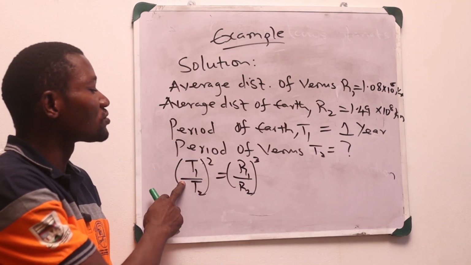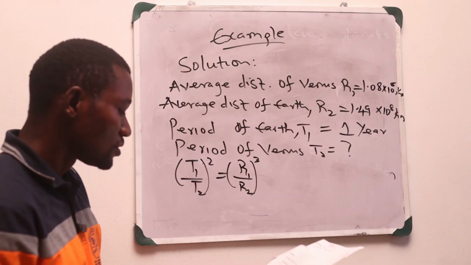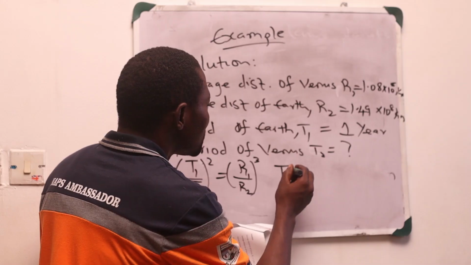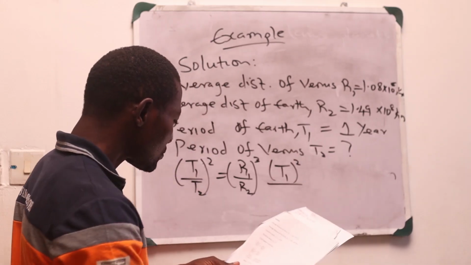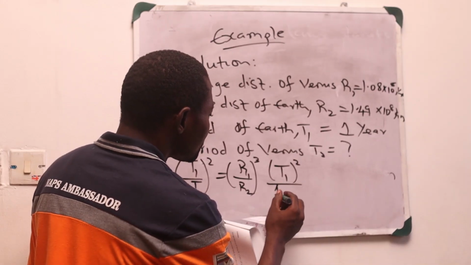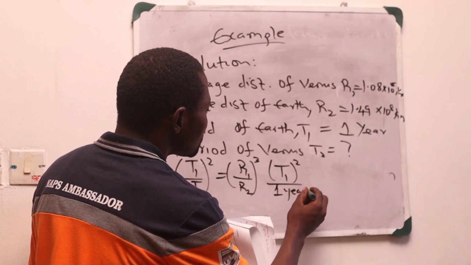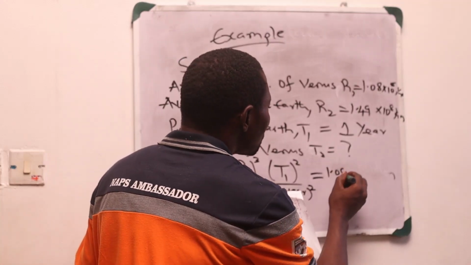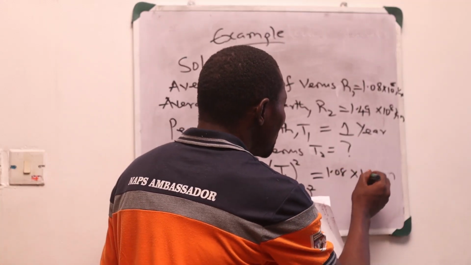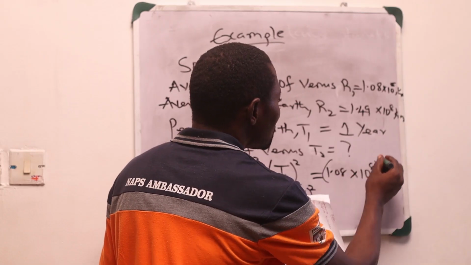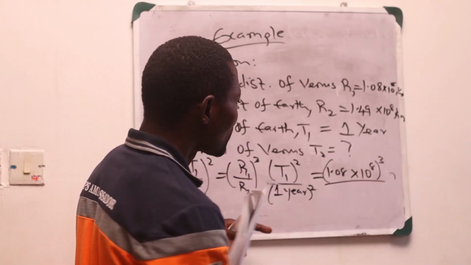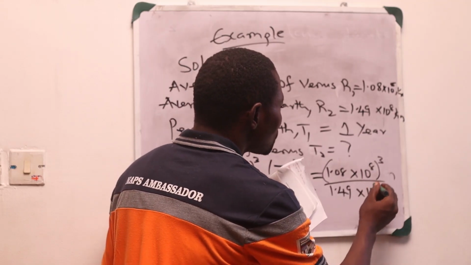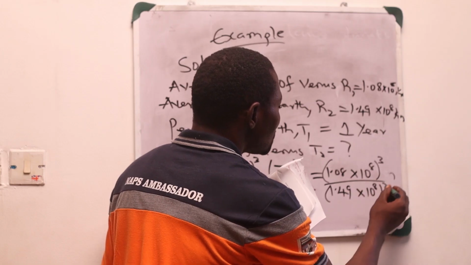So using the expression for Kepler's third law, we can substitute. And we say T1 square over 1 year square will be equal to 1.08 times 10 raised to power 8, the cube, over 1.49 times 10 to power 8, the cube.